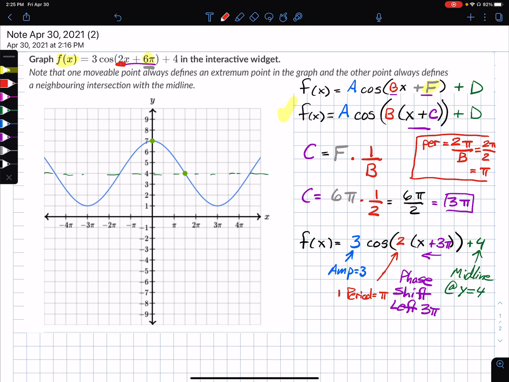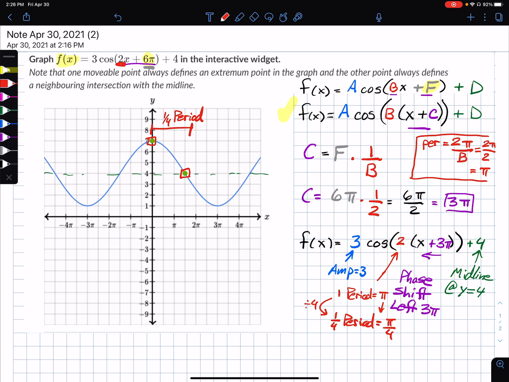What we're interested in is the spacing between these two green dots. They need to be not a full period apart, but a quarter period apart. So if I know what one full period is, then finding a quarter period is pretty easy. You just divide by 4 to scale that down.